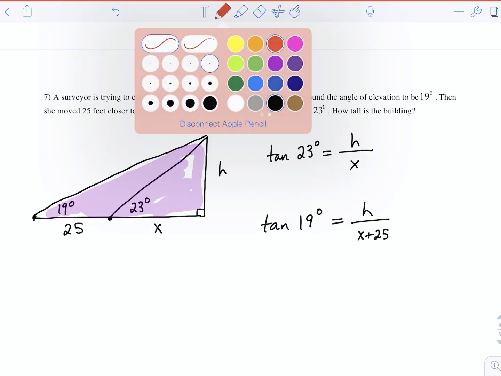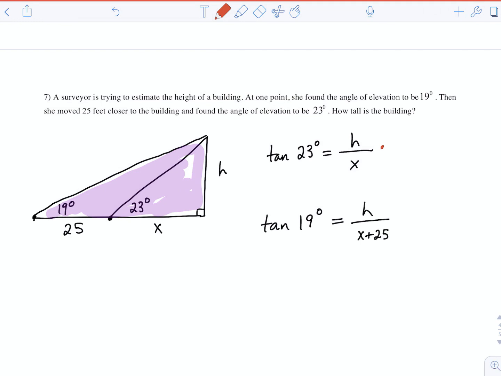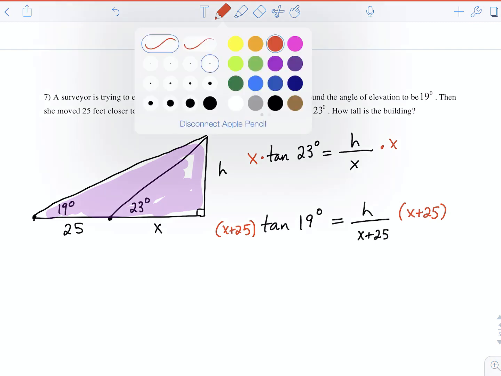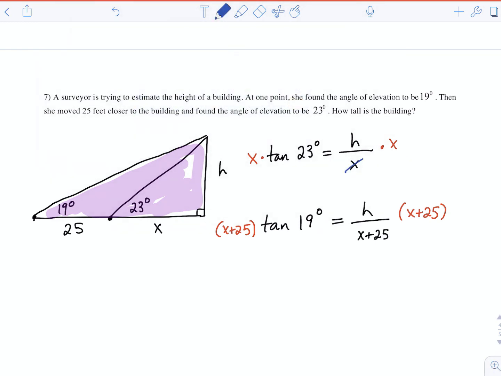Okay, then on this equation, multiply both sides by x. On this equation, multiply both sides by x plus 25, and it should be put in parentheses, x plus 25. And then after these cancel, that means it's equal to h.